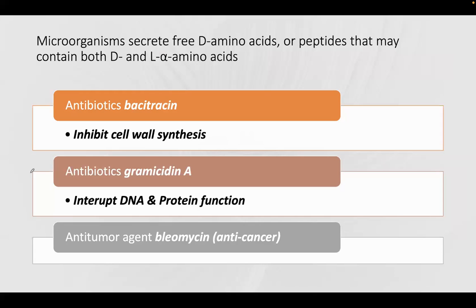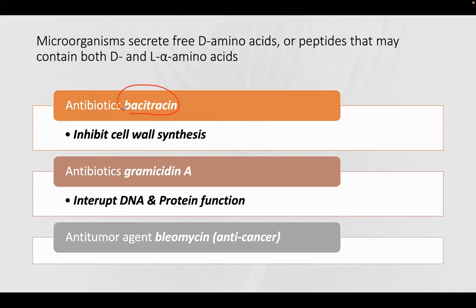Now, let's dissect the textbook. The textbook mentions some of the biomedical importance of amino acids, and one of them is the property of microorganisms or bacteria to secrete amino acids or peptides. One of the examples mentioned in the textbook is bacitracin.